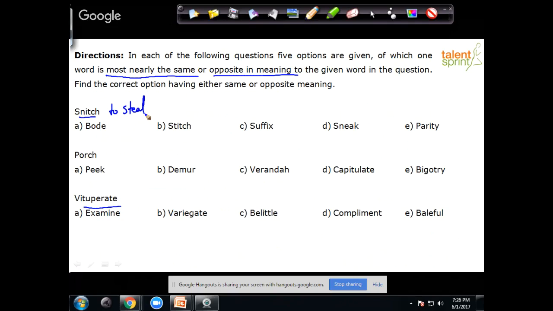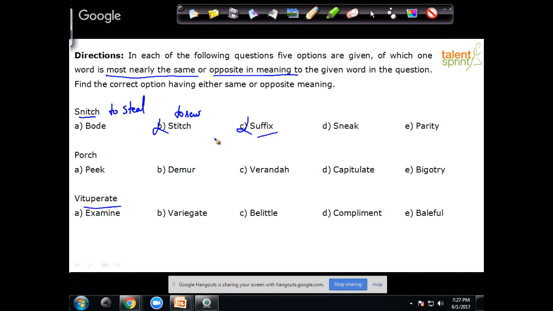Now, from the given options, if I have to quickly eliminate wrong answer options, I'll quickly eliminate stitch and suffix, unrelated words. Stitch means to sew. If a cloth is torn, I will stitch it. Suffix, we know: a part that is attached to a word at the end.